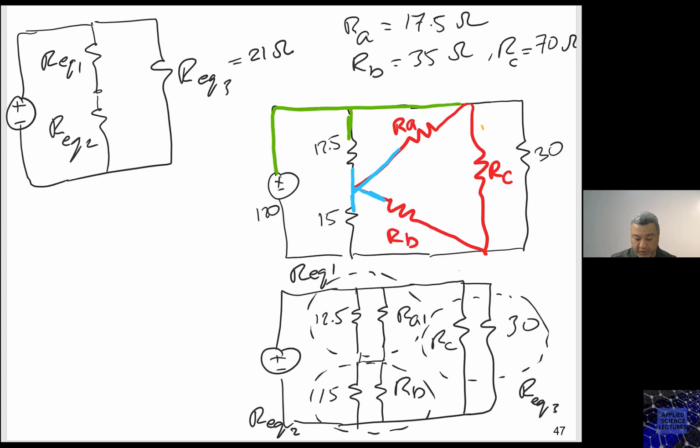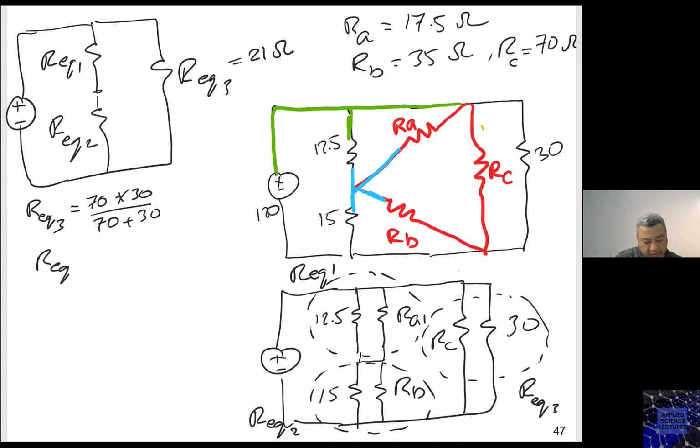R equivalent 1 is 12.5 in parallel with RA, so 12.5 and 17.5. So let me do this one here. R equivalent 3 is 70 times 30 over 70 plus 30.